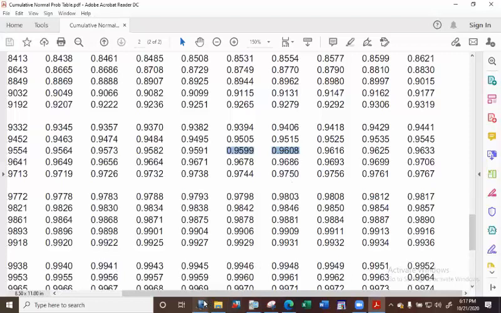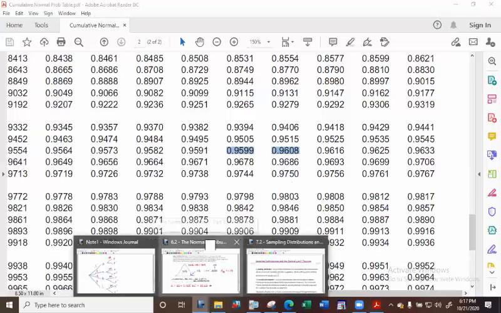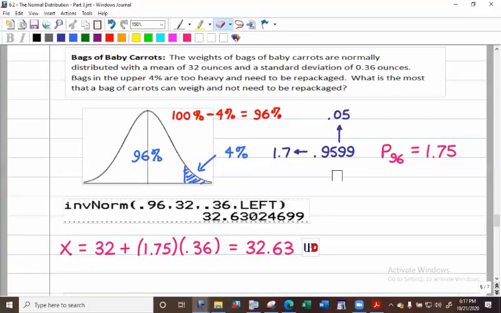So if you're doing it this formula way, which isn't that bad if you have to, it's 1.75, and you just plug it right here in the formula. 32 plus 1.75 times 0.36 is 32.63. So you do it here in the inverse norm, leave the left there. 32.63. And there we go.